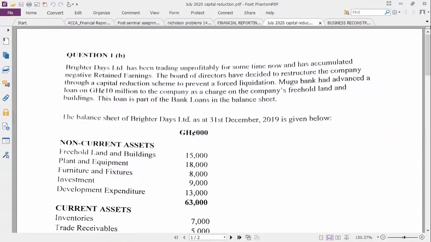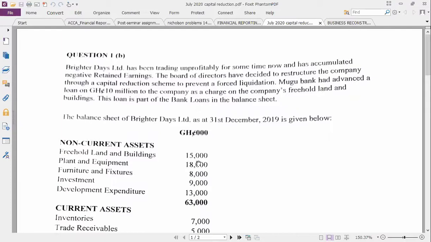You can see it here. Mugu Bank had advanced a loan of 10 million to the company as a charge on the company's freehold land and building. So this is a fixed charge. Good. Fixed charge. Perfect. So let's continue the game.